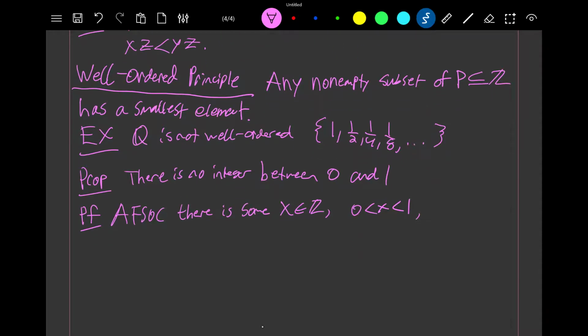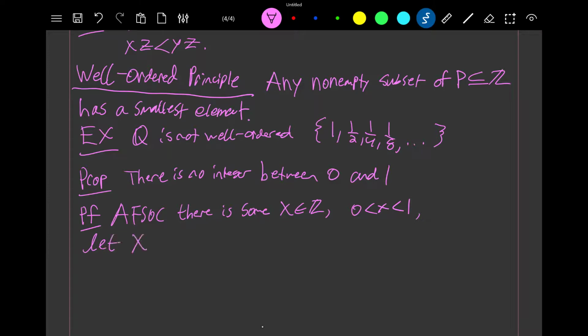Then x is clearly positive. Now let's consider x squared. We're going to use the well ordering principle.